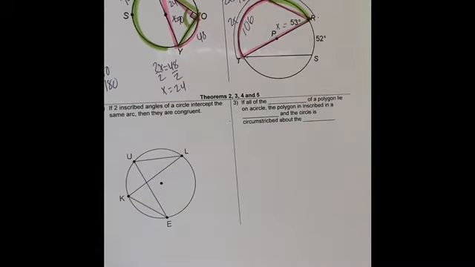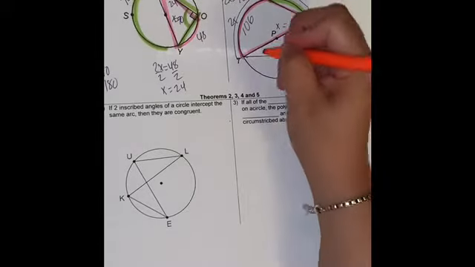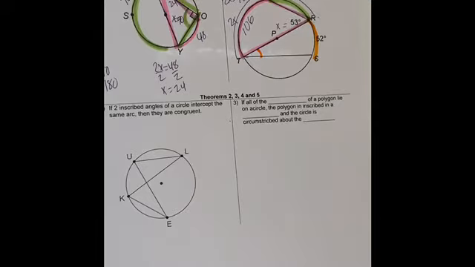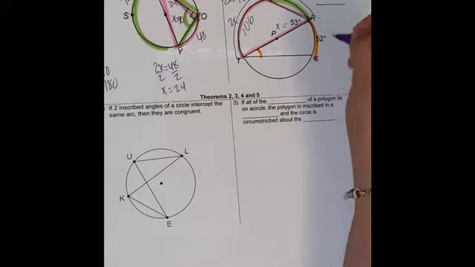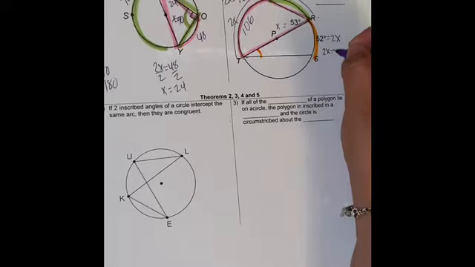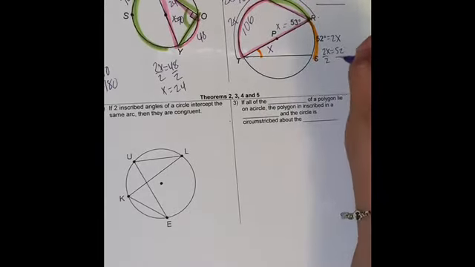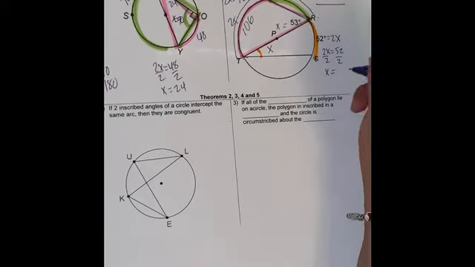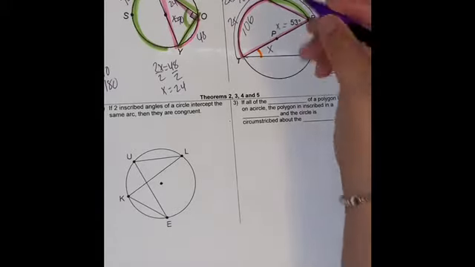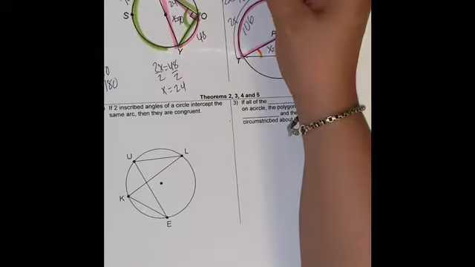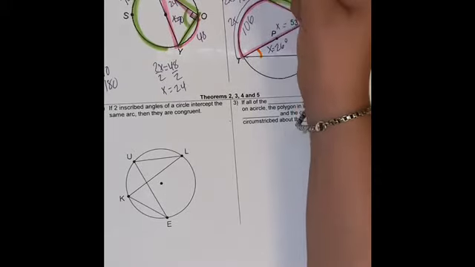Next, it says the measure of angle T. Angle T belongs to RS. So this equals 2x. So 2x equals 52. This angle is x, divided by 2, x equals 26. So measure of angle T is 26.